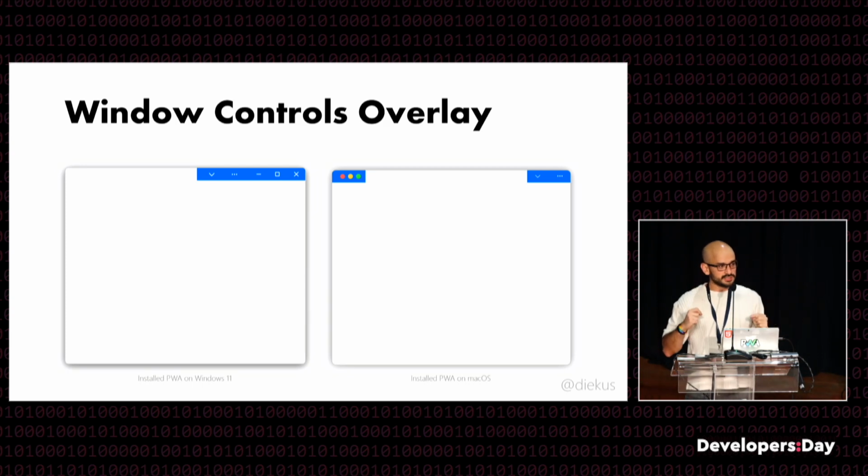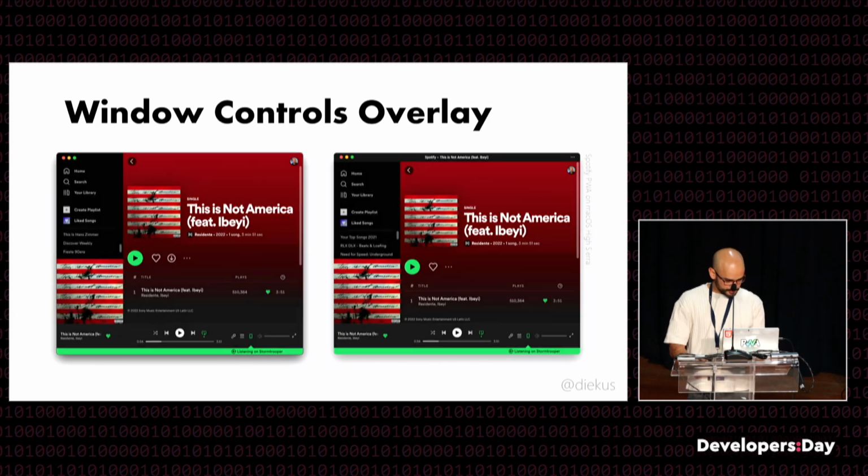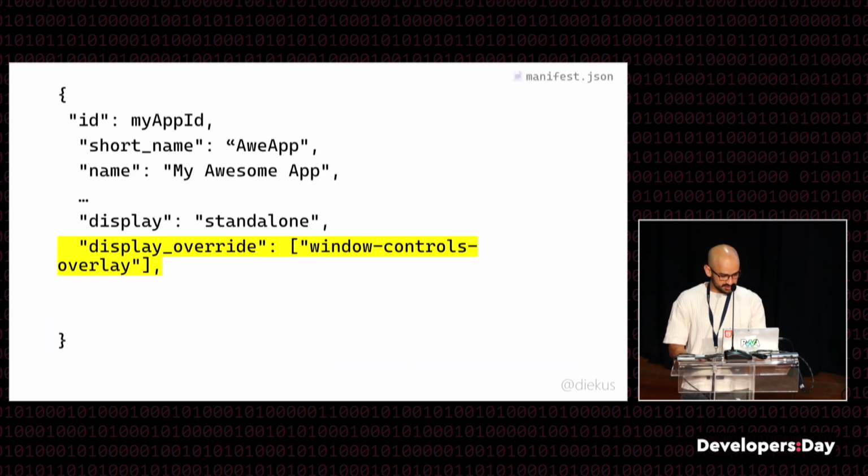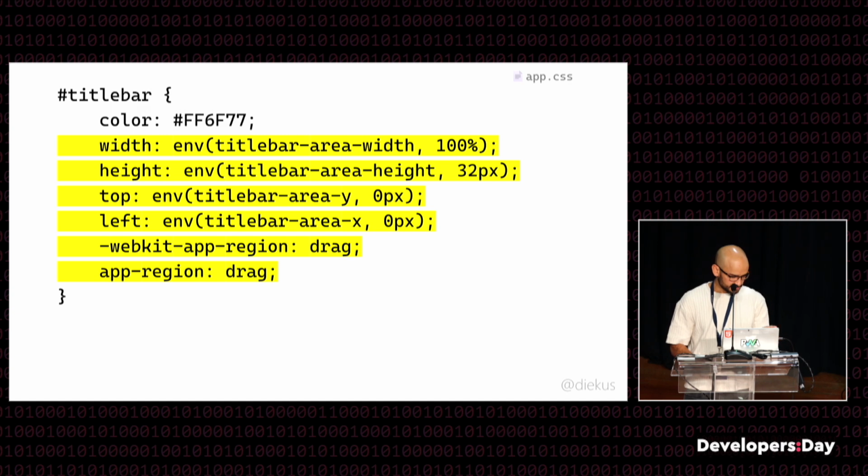So we've created new CSS environment variables that allow you to give precisely these positions for the area to create a title bar. And basically, this is the code that you're seeing here. I want you to pay attention to the first 4 lines: width, height, top, and left. I'm telling the platform, and again, because this is an application that can run on any platform, okay, look for the width.